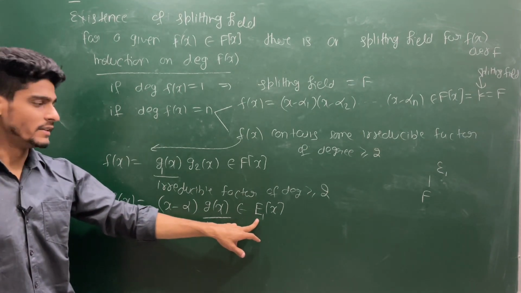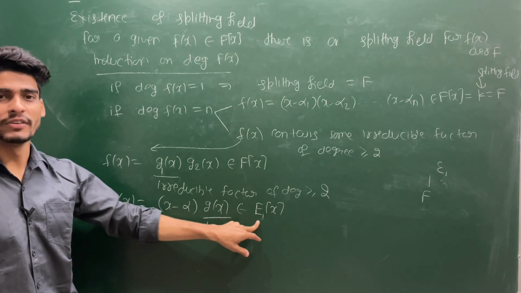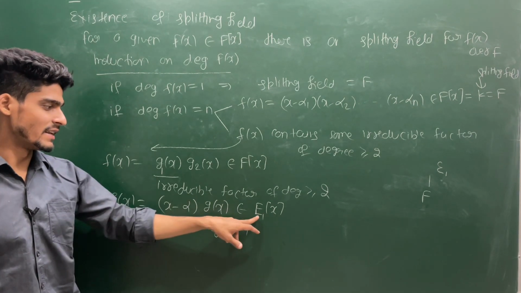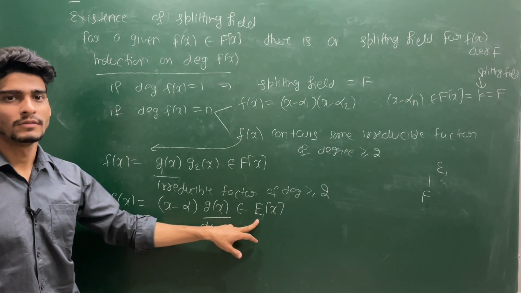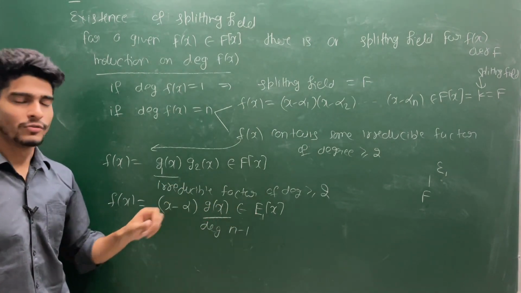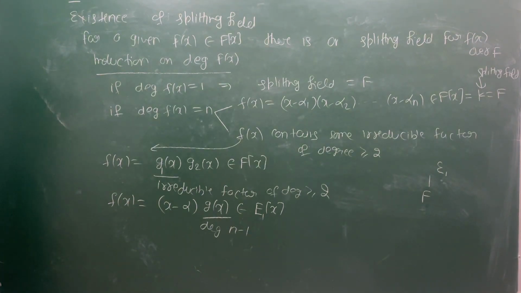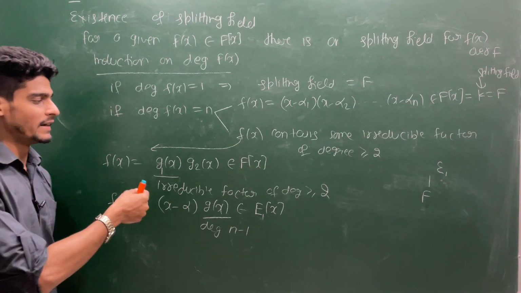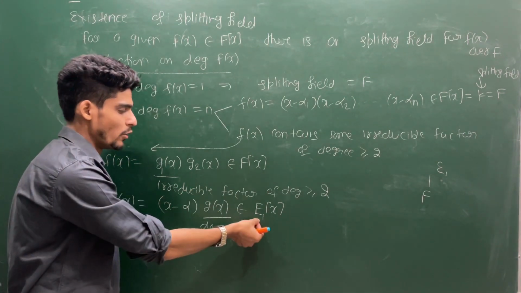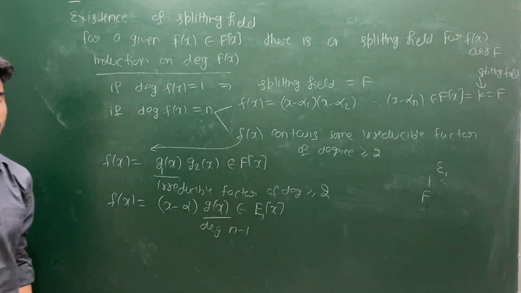By using the induction hypothesis, there is an extension of E1 which contains every root of g, or you can say there is a splitting field for g(x) that is an extension of E1, not of F, we are seeing here. But that automatically will become an extension of F, because F lies below E1 and the splitting field over E1 will lie above F and above E1.